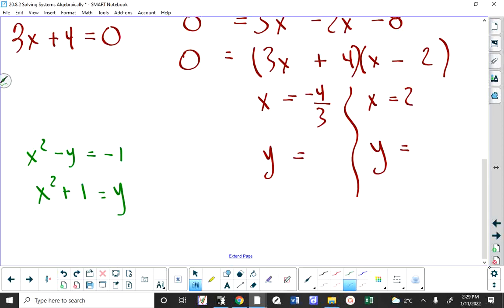You can use your calculator here. 2 squared plus 1 will give you 5. Then we have to take negative 4/3 squared and add 1. And I believe we're going to get 25/9. And I'm seeing a couple of nods. So any questions with A or B?